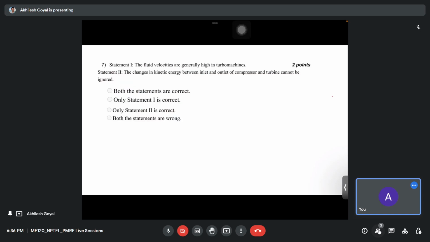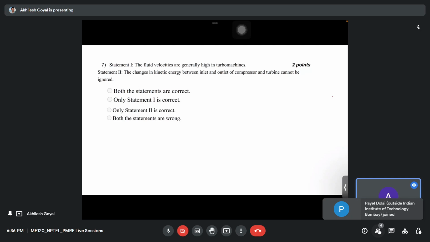Yeah. So the next question is, in this question there are two statements, and we have to find out if one, two, or both the statements are correct. Okay. So the first statement is the fluid velocities are generally higher in turbomachines. So yes, this is the correct statement.